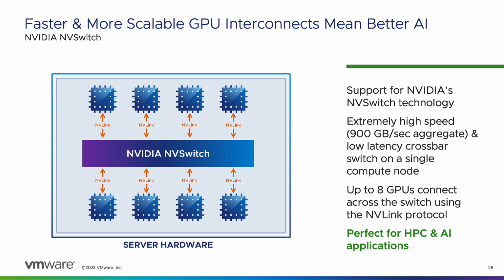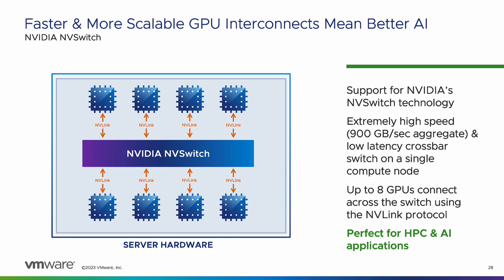So to solve this, NVIDIA created a special switch called an NVSwitch that allows up to 8 GPUs to communicate together at 25 gigabytes per second in each direction, or 200 gigabits per second in each direction. So it's a huge increase in bidirectional speed from GPU to GPU, much faster than PCI Express.